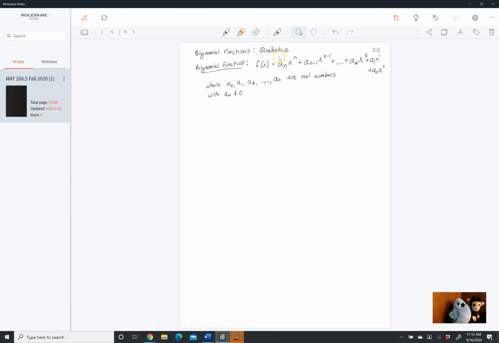Okay, so this first coefficient here can't be 0, because then this term wouldn't count. 0 times anything, it doesn't matter what the power of x is, is 0. So if this is our polynomial, this first coefficient can't be 0, because then this would really be a sub n. Okay, this would be our first coefficient.